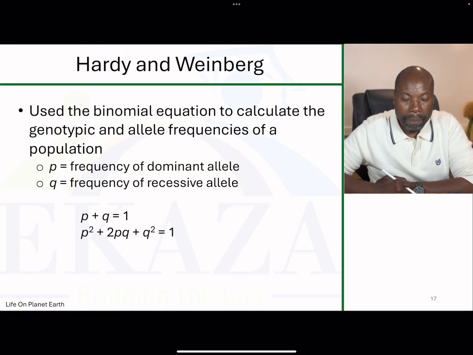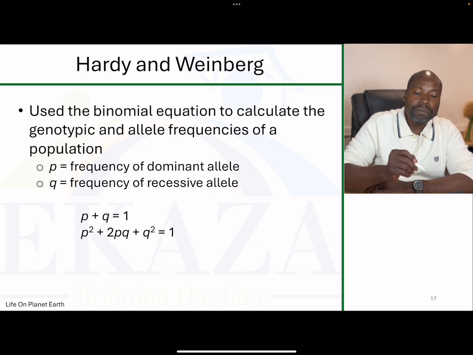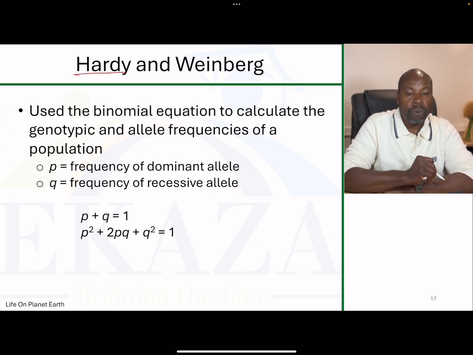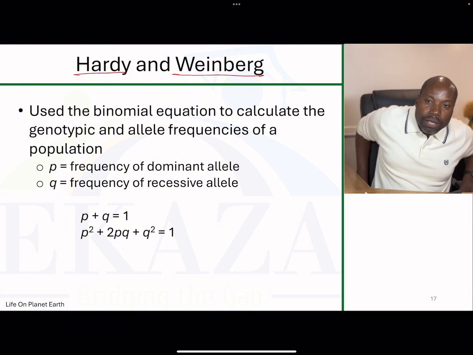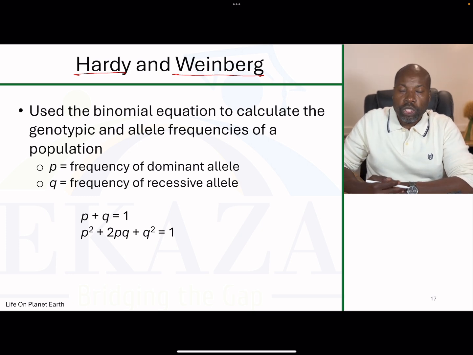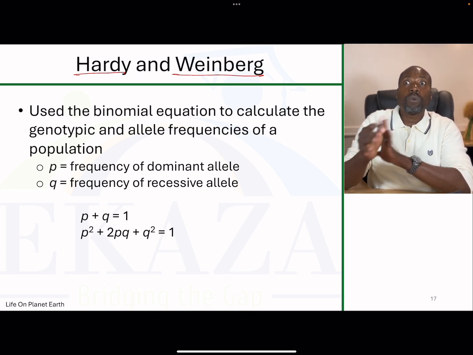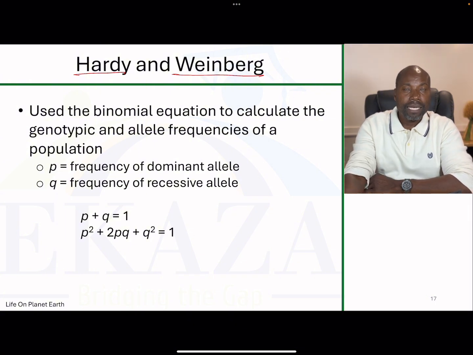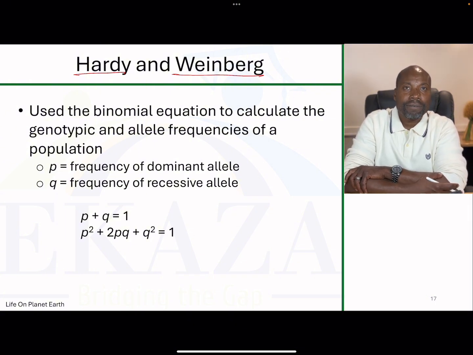Okay, so there were 2 guys. Their names were Hardy for one, Weinberg for another. These two guys actually simplified the way we look at microevolution, right? How did they simplify that? They said, well, we are going to calculate in a population the frequency of alleles, right?